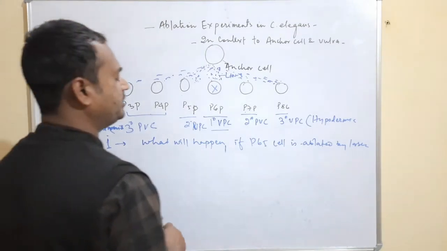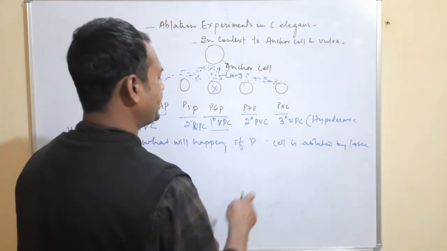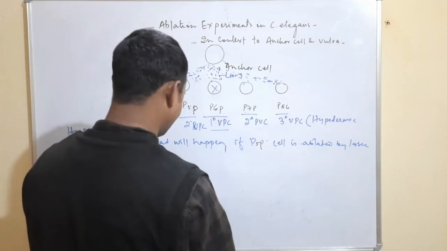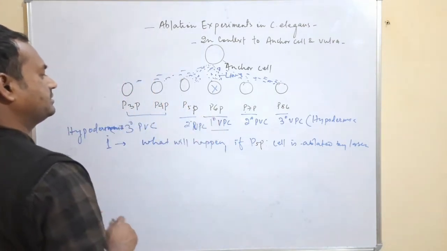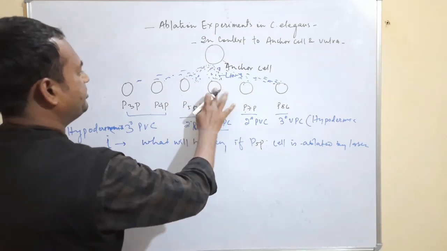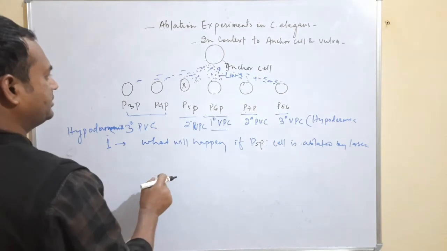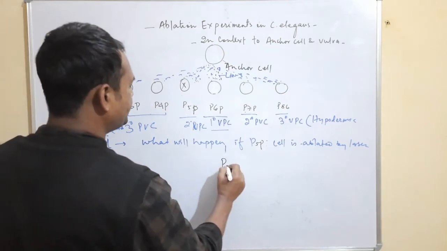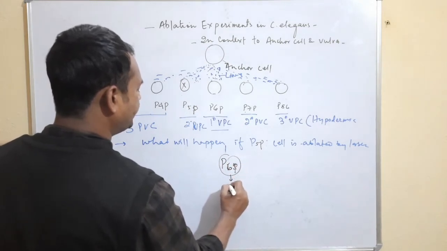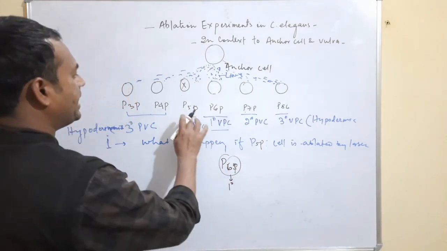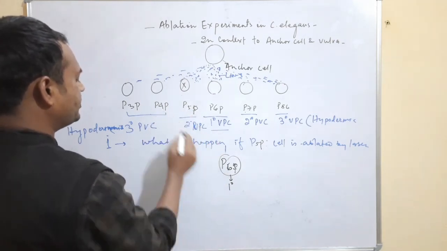If P5.p is ablated, then what will happen? Okay, the P6.p will be the primary fate, and the P5.p is ablated, then what will happen?